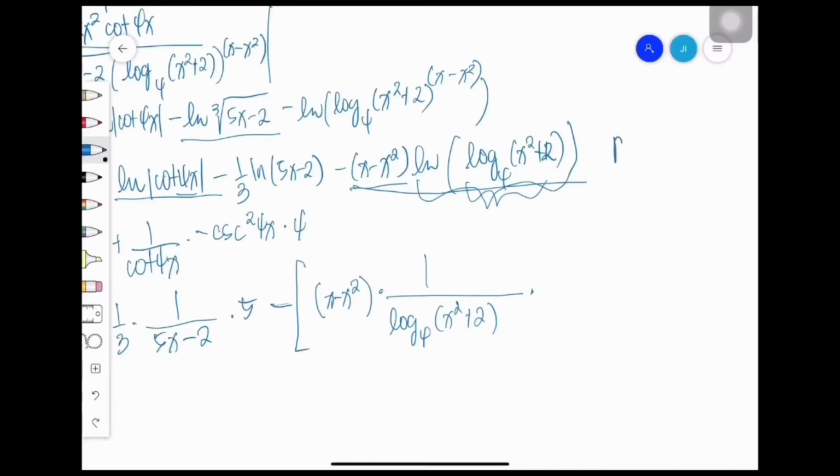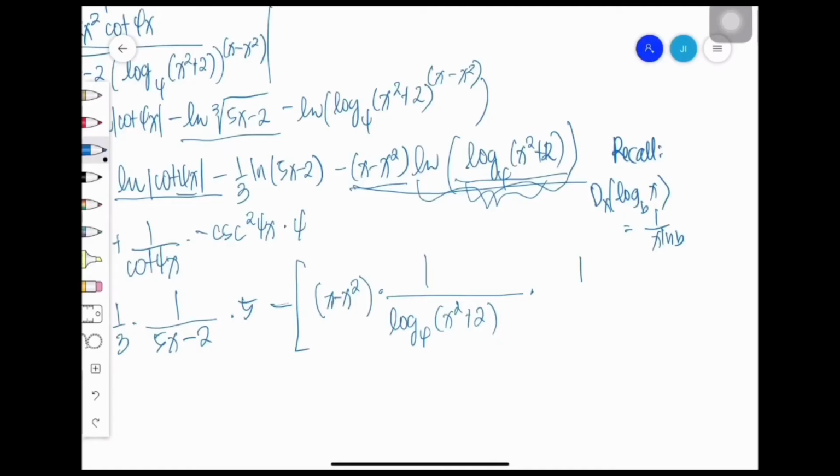So recall, the derivative of logarithm of x base, say b, is equal to 1 over what's inside times ln of b. Let's try it. So what's the derivative of the logarithm of this thing?